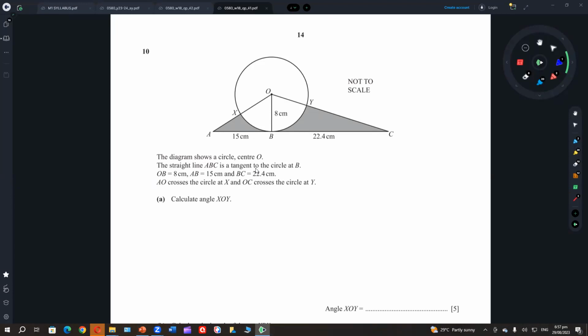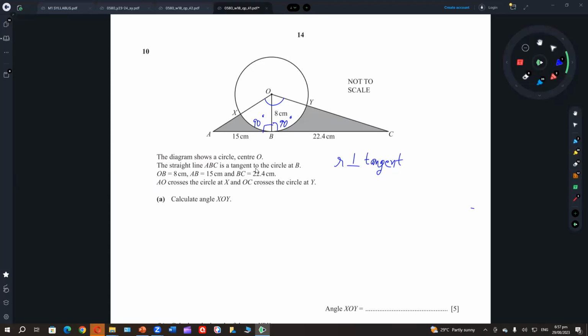This angle XO. I have made the first step.